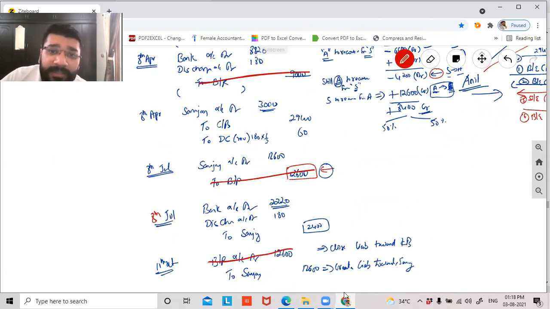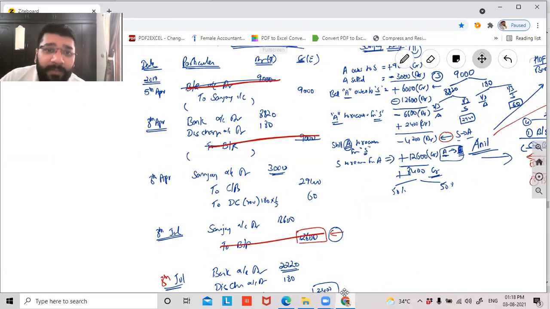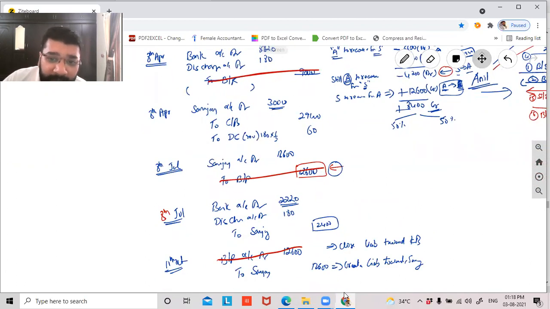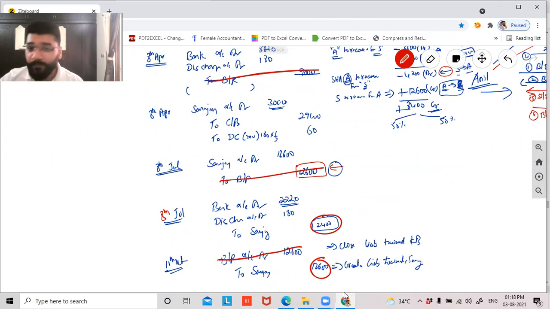Now let's see the total of Sanjay's account. In Sanjay's account, debit or credit, let's see what is the amount. Credit 9,000 is here. Then there's a credit of 2,400 here and 12,600 here. Please do the total and tell me what you are getting. 24,000, sir, 24,000 on the credit.